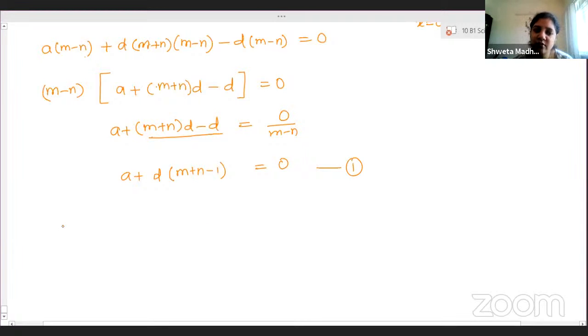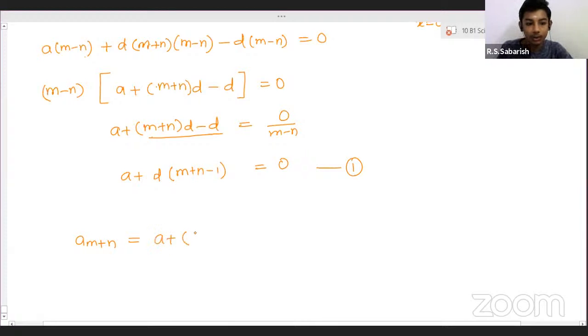What do we have to find out? What we have to prove is the (m plus n)th term. So a subscript m plus n is equal to the formula a plus (m plus n minus 1) into d. This is the n value, and then minus 1 into d.